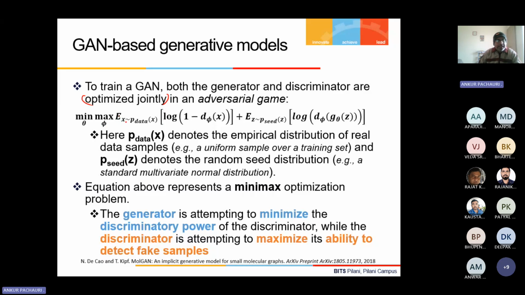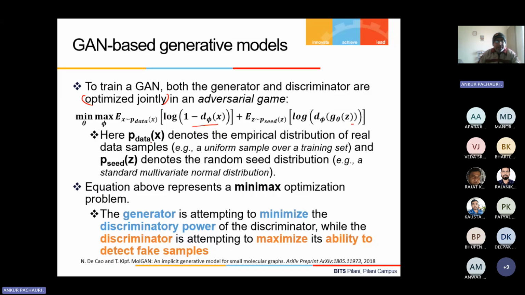Ex that belongs to the data, log 1 minus d theta x, plus Ez, that is from the p seed z, means getting the input and generating, log d phi g theta z.